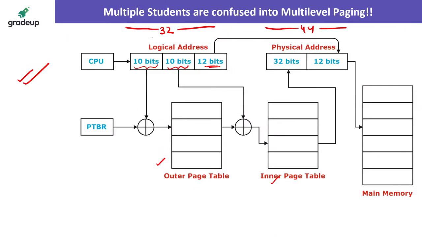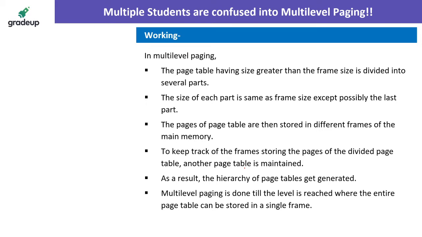That is the reason 10 bits will be used for the outer page table, 10 bits for the inner page table, and 12 bits for the page offset, right? So if we see the working of this, if the page table has a size greater than the frame size, then it is divided into several parts. The size of each part is the same as the frame size, except possibly the last part.